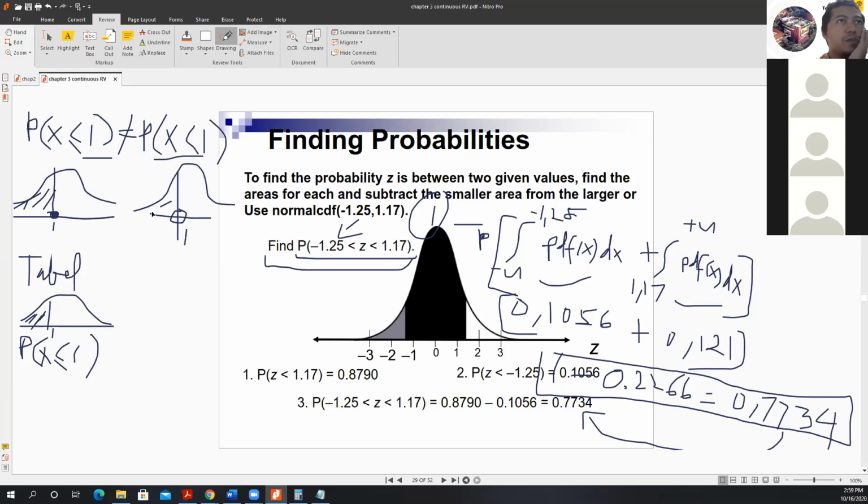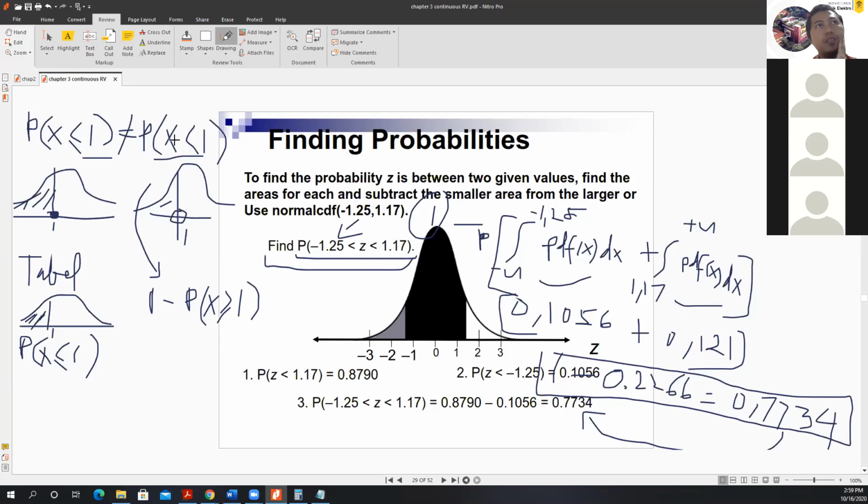Actually, this one is probability equal to 1 subtracted by the probability x greater than or equal to 1.